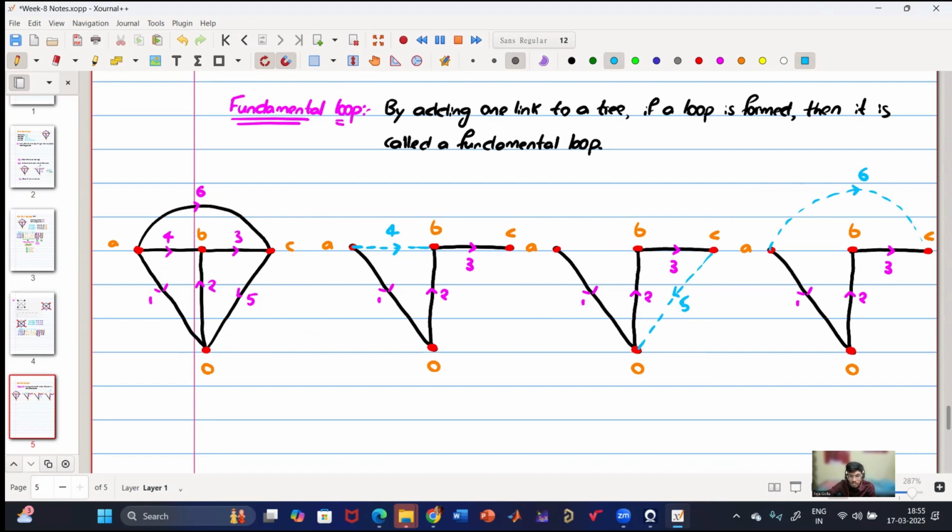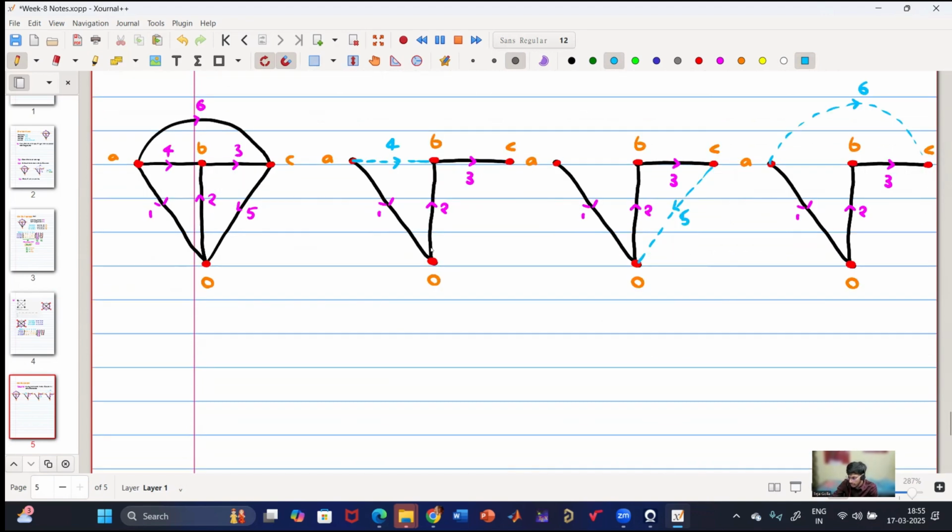So now the obvious question is, how many fundamental loops exist? Equal to the number of links, right? Each link corresponds to one fundamental loop. So here we have three.